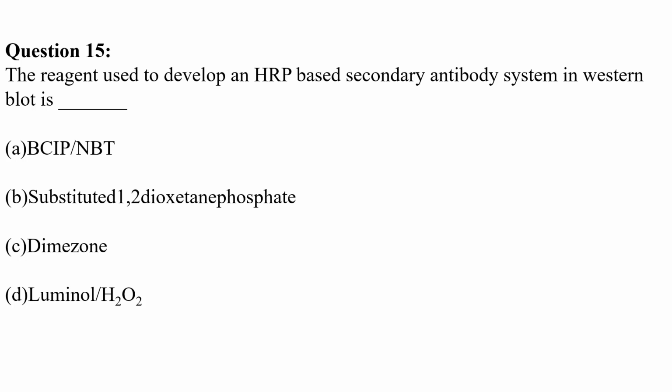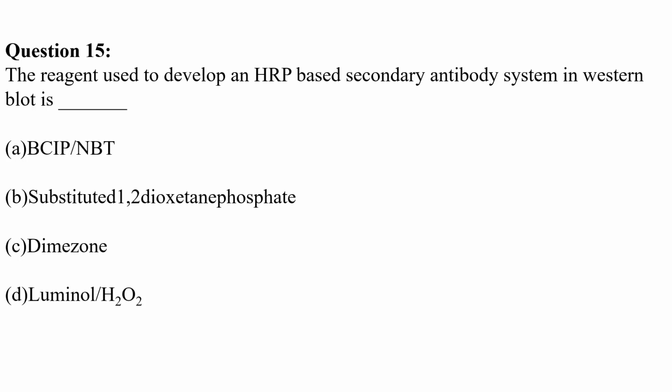Question number 15. The reagent that is used to develop an HRP based secondary antibody system in the Western blot is option A BCIP NBT, option B substituted 1,2-dioxetane phosphate, option C dimazone, and option D luminol and H2O2.